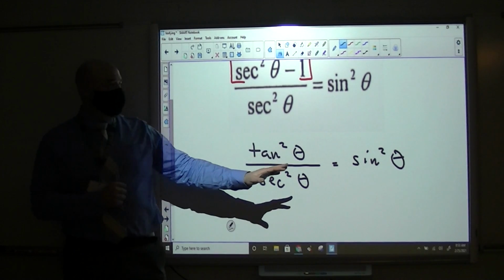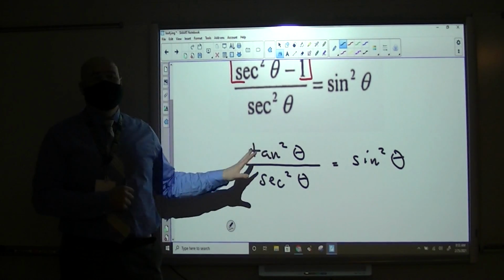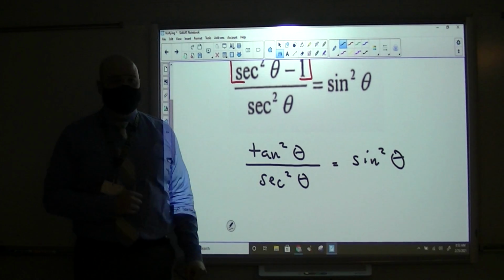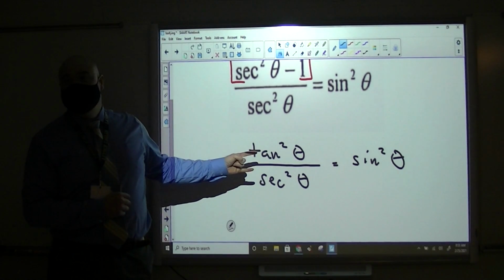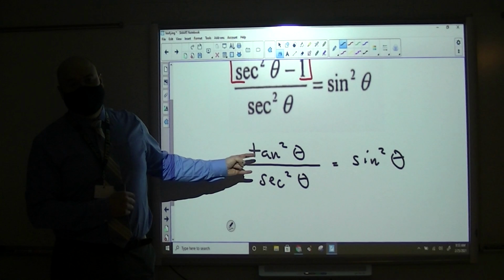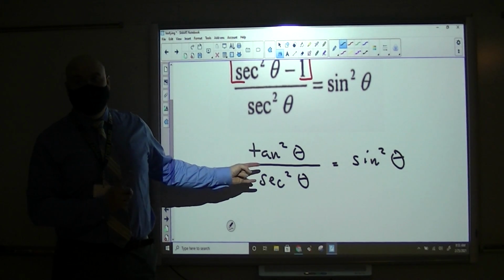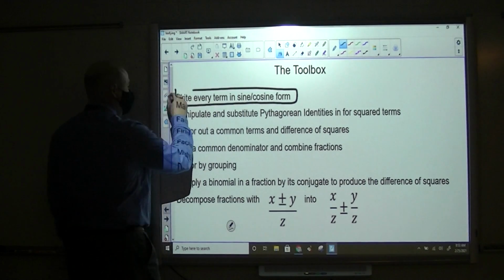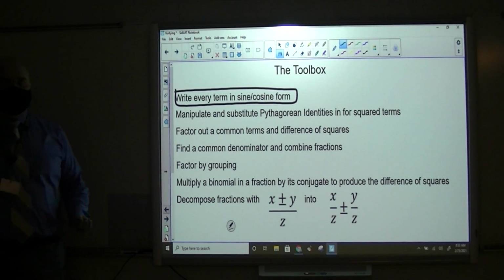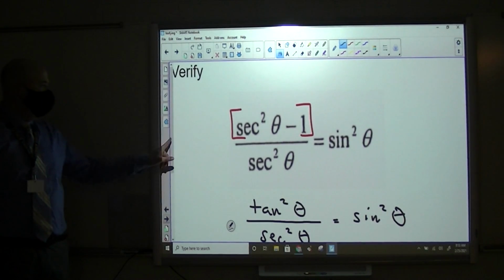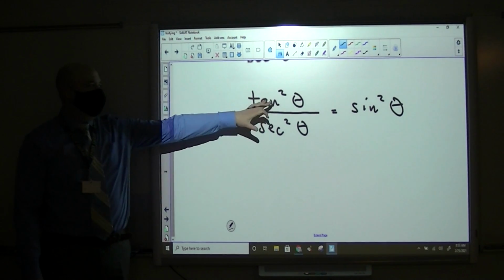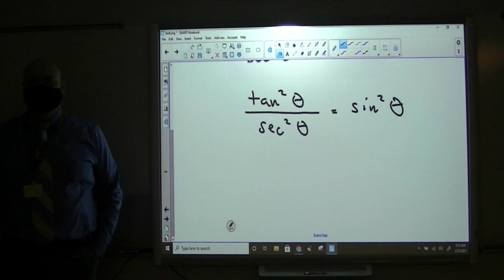They're saying when this is all done, when you've simplified this as much as you can, you should have a sine squared. Well, look at this side. There aren't any sines here right now, right? But we could start that process by writing everything over here in terms of sine and cosine.